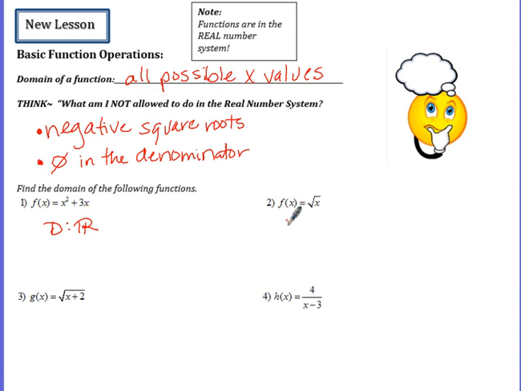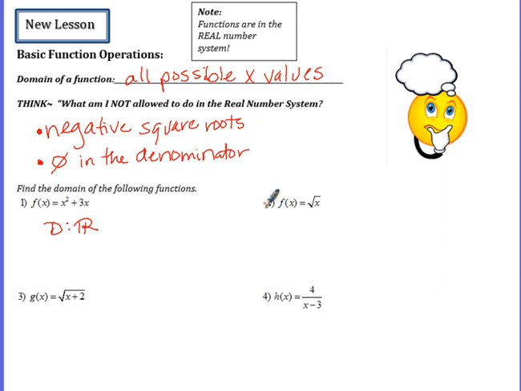Number 2, is there something we can put in for x that would cause a negative square root or a 0 in the denominator? There aren't any input values for a denominator here, so we're safe with the division by 0. But a negative square root could definitely be caused. If we were to put any negative number in for x, we would cause a negative square root.